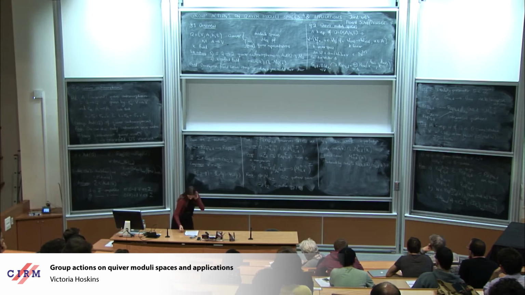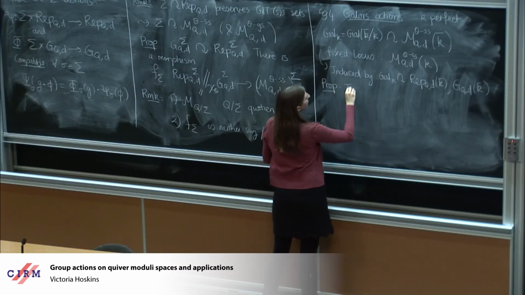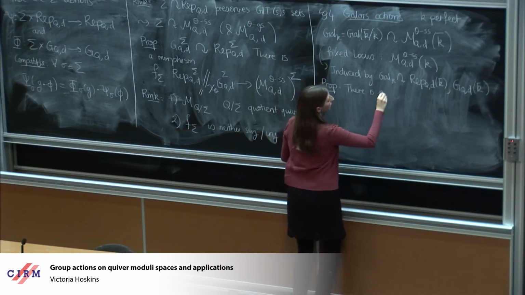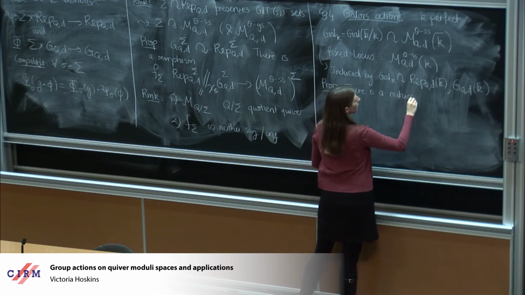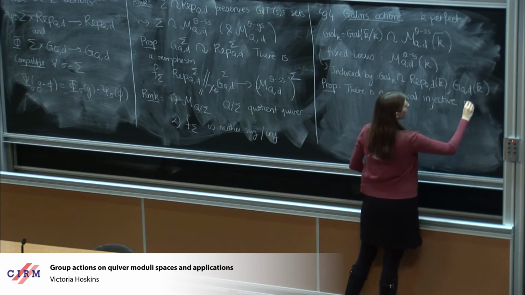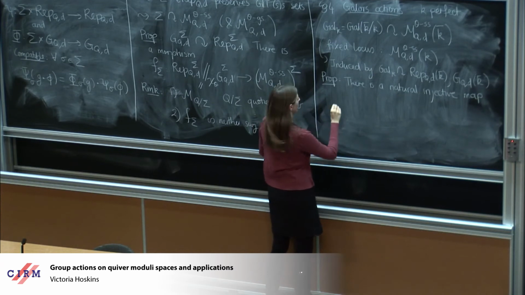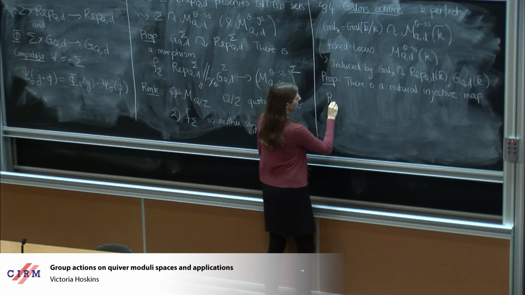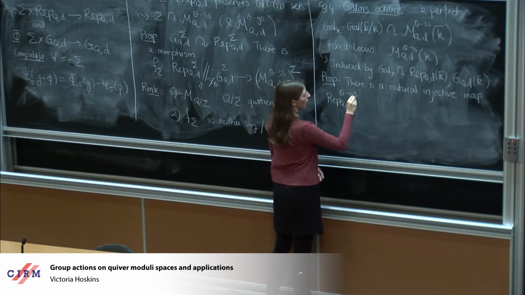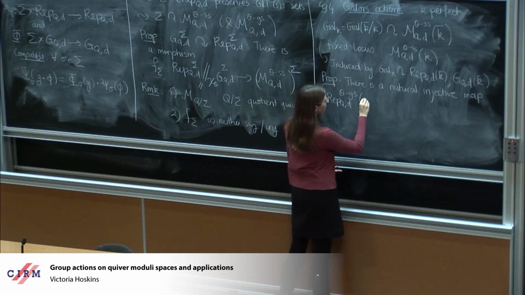So then we have an analog of this proposition here, whereas now we have an injective map. And I'll explain in a second why we restrict to geometrically stable points.